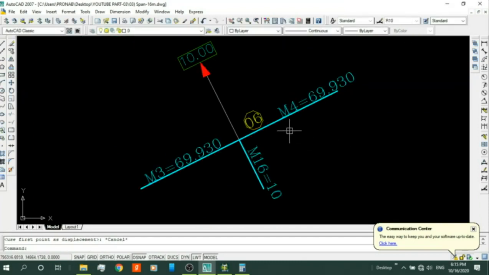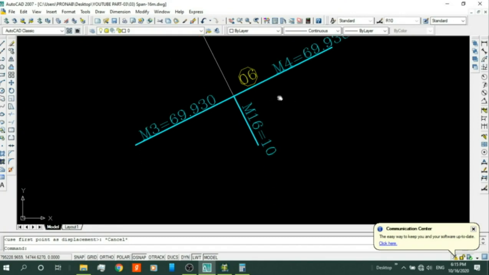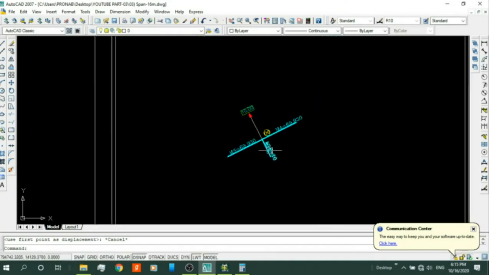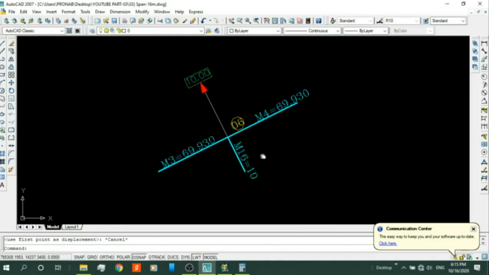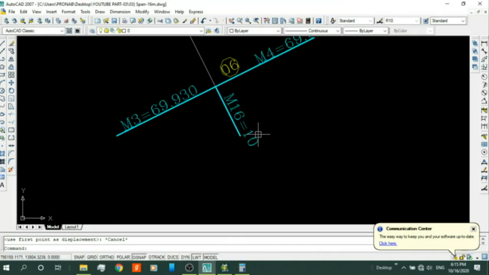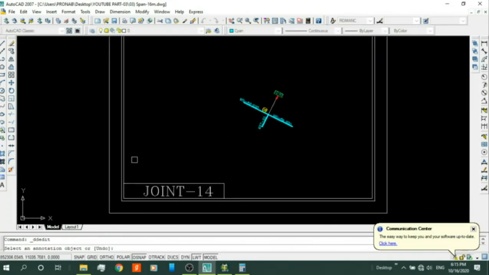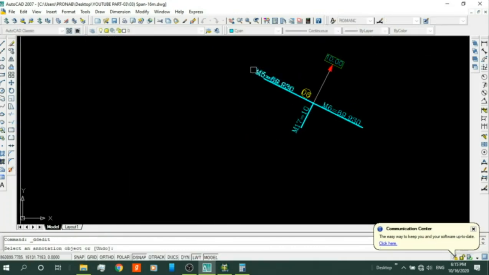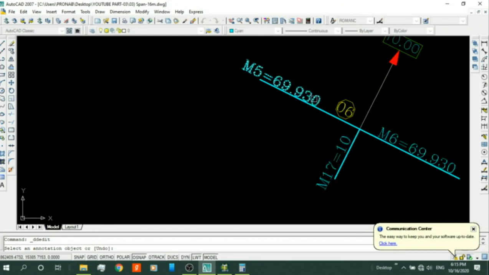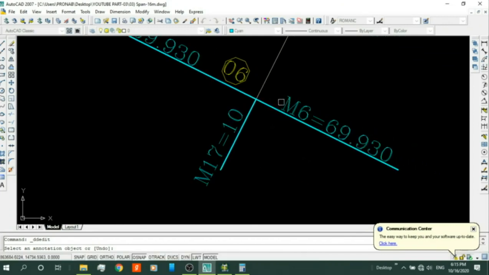Now we are analyzing joint 6. Here only member M16, which is a tension member, and the value of tension is 10 kilonewton. Now for joint 14, the value of M5 is 69.930 and M6 is 69.930 and M17 is equal to 10 kilonewton.